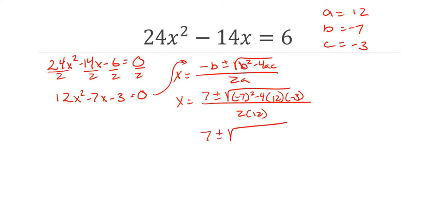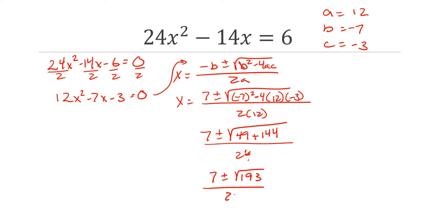7 plus or minus the square root of 49, and then I get minus 48 times 3. I didn't do that on my paper. Minus, plus 144, because negative times a negative, all over 24. So that's 7 plus or minus the square root of 193 over 24.